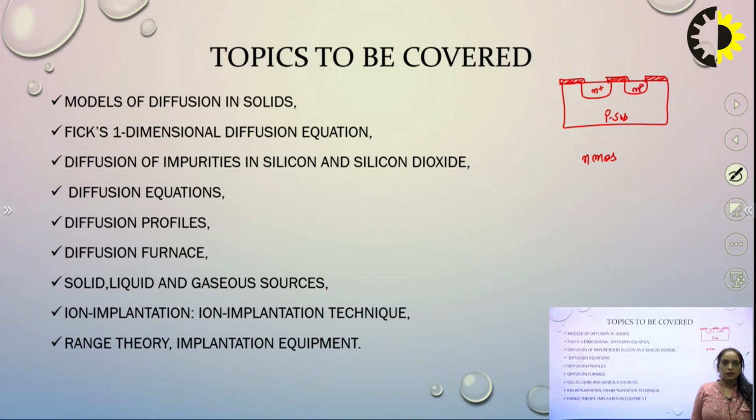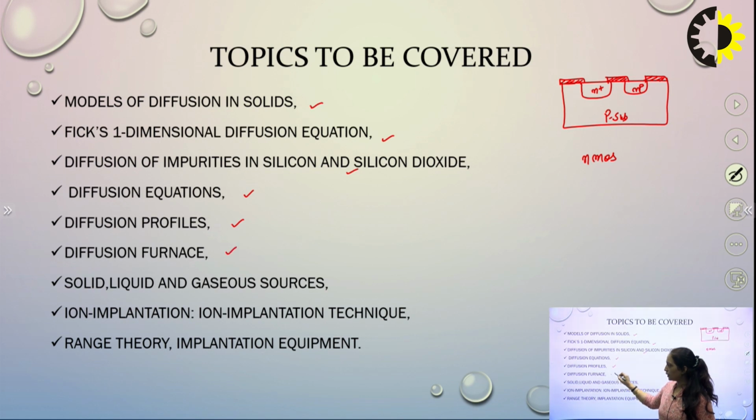Okay, so this impurity is added to this P-type substrate with the help of the diffusion process, and this is the topic of discussion today, that how we can do the diffusion. So in the upcoming 2-3 lectures, we are going to study the models of diffusion in solids, fixed one-dimensional diffusion equation, diffusion of impurities in silicon and silicon dioxide, then diffusion equations, diffusion profiles, diffusion furnace, which are the diffusion furnaces or reactors which we are going to use for the diffusion purpose.